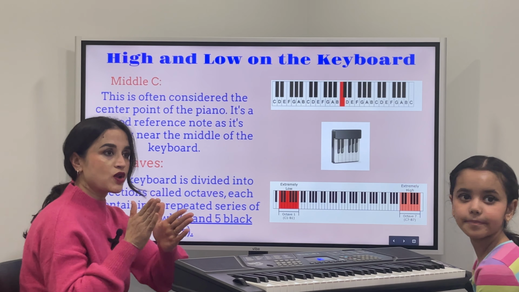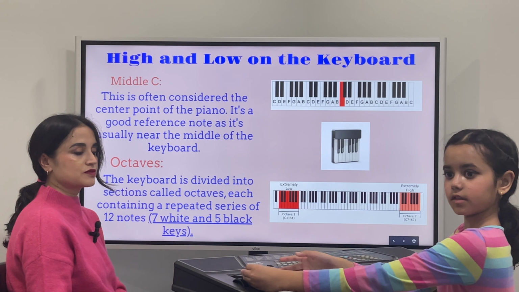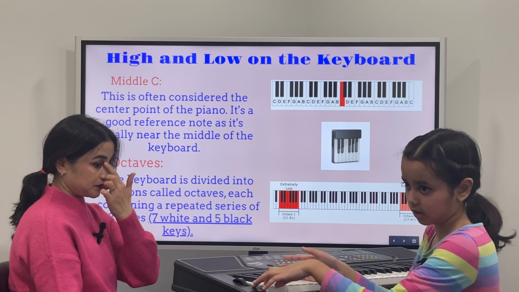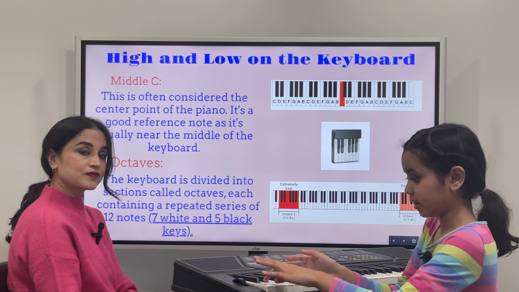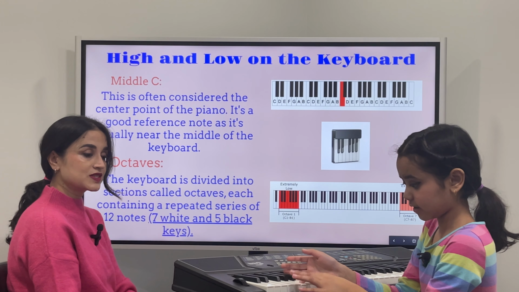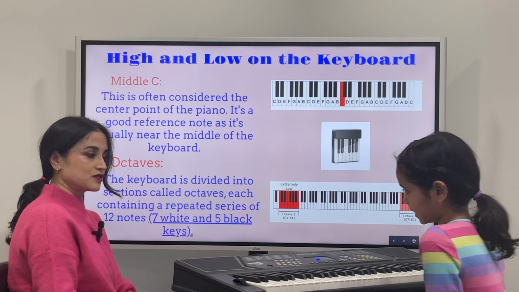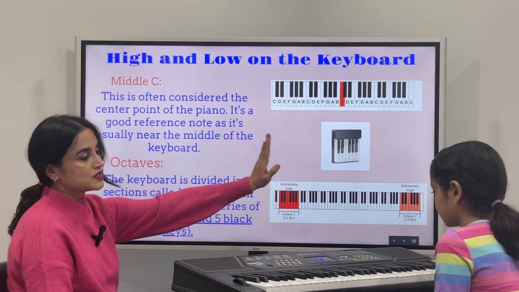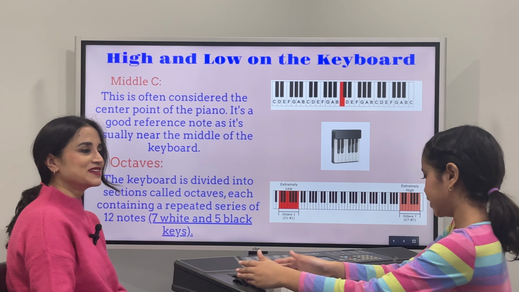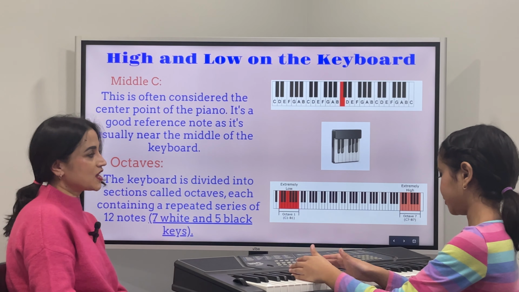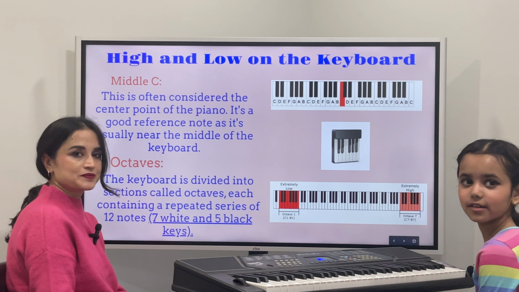That is 1 octave. These are all the notes in 1 octave: 1, 2, 3, 4, 5, 6, 7, 8, 9, 10, 11, 12. Actually, the piano has 7 octaves in total.